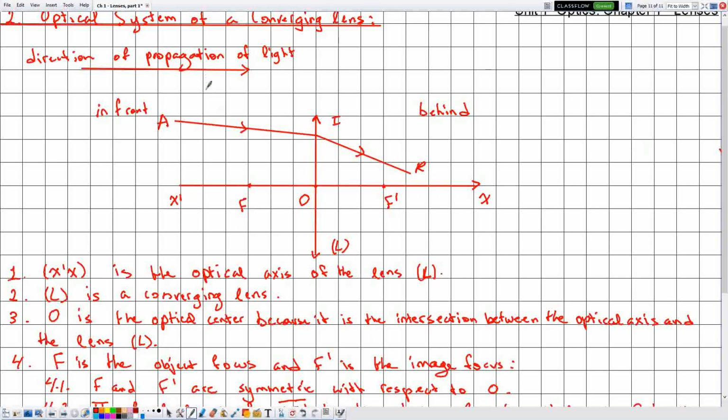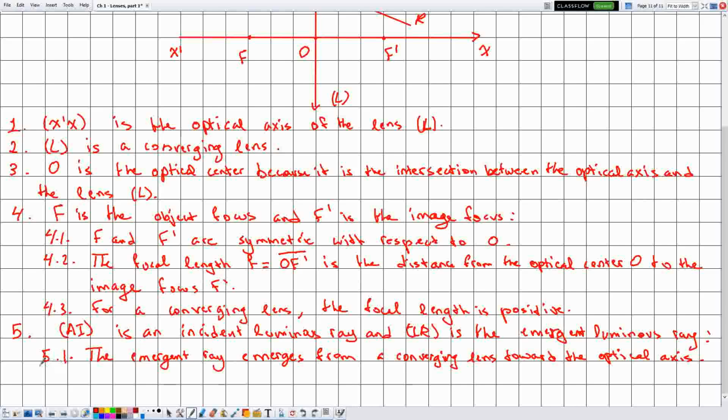Now notice that for a converging lens the incident ray and the object focus are on the same side. Let's write it down. This is another property of a converging lens, 5.2.